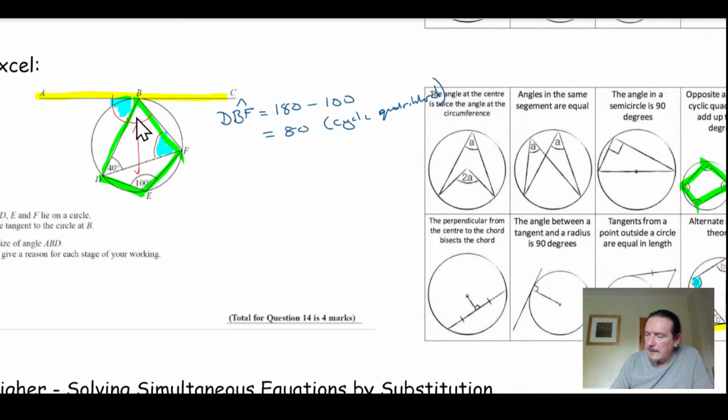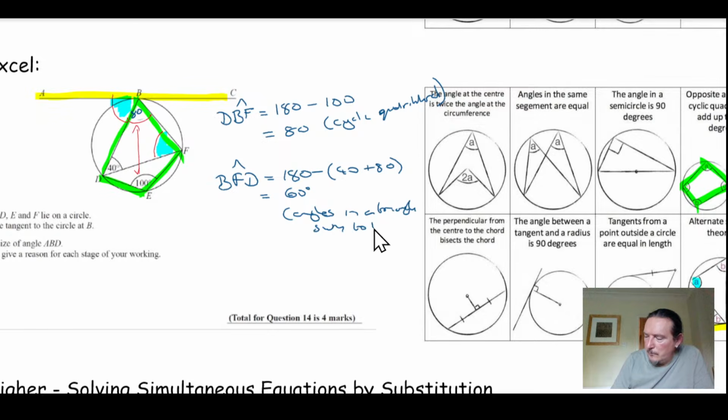Okay, so I know that's 80, and then I can work out the angle there at F. That's BFD, and that's going to be 180 minus the 40 and the 80 that I just found. 40 plus 80 is 120, take away from 180 is 60 degrees, and that's because angles in a triangle sum to 180. Now that I know that one is 60, that one is 60 as well because of the alternate segment theorem.